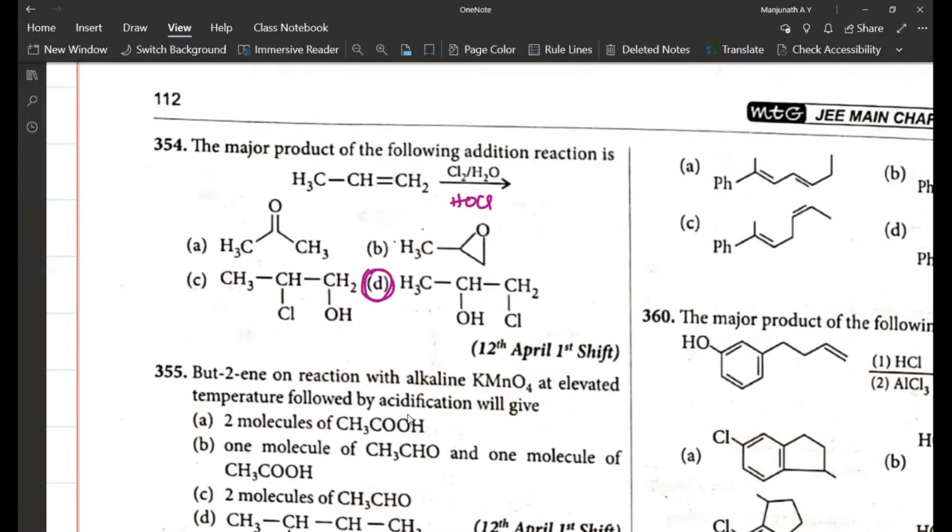I feel option D or option B. Tell me, come again, we'll see. In the previous reaction you told us condensation will take place if there are two electronegative atoms attached to the same carbon atom. That's the point. Here they are not attached to the same atom. Yes or no? Yes, sir. So what must happen? What could happen?